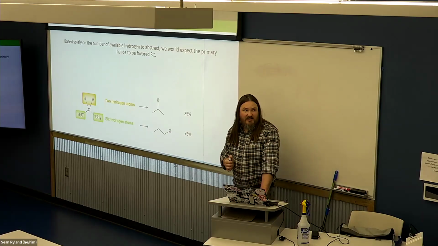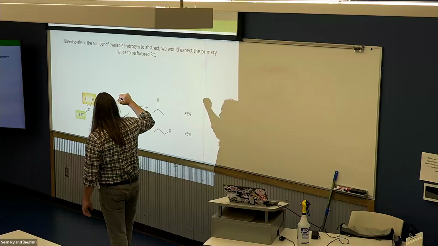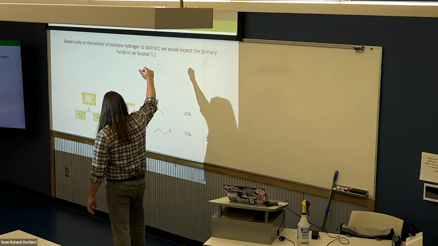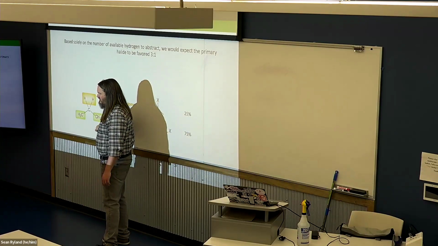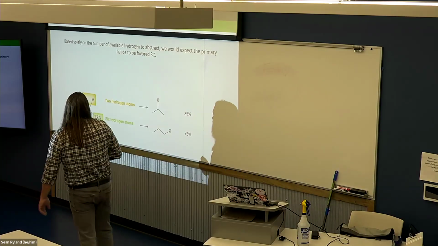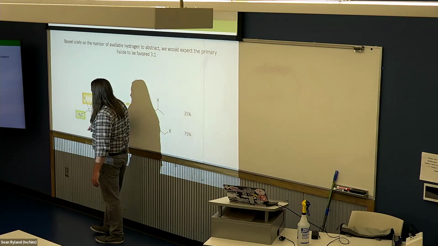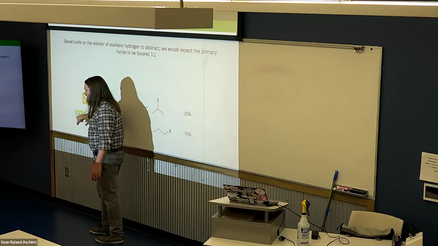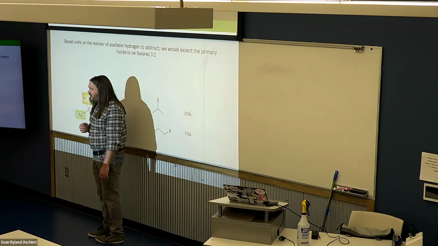Right, so let's talk about selectivity. This is the last big piece that we need before the quiz. If we just said that all of our hydrogens were equal in terms of how easy they were to abstract, how easy it is to pull them off, then we would expect, if we're going to chlorinate this molecule, well, there's 6 hydrogens that give us the 1-chloropropane, and only 2 hydrogens that give us 2-chloropropane, right?